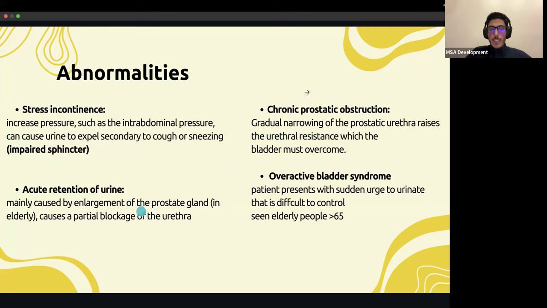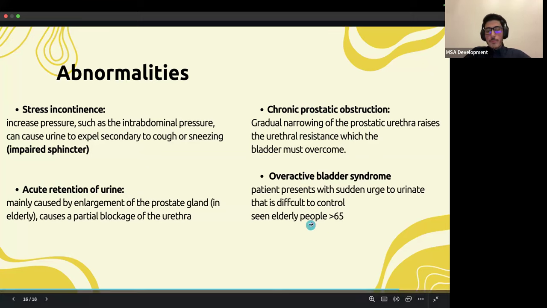Generally, both are similar, but the difference is that this one is specifically due to the prostate gland, and it is in a chronic state where it's a gradual narrowing. So over a period of time, like 4 or 5 months, the patient can see that his urine flow rate is decreasing and he needs to put more force to urinate.